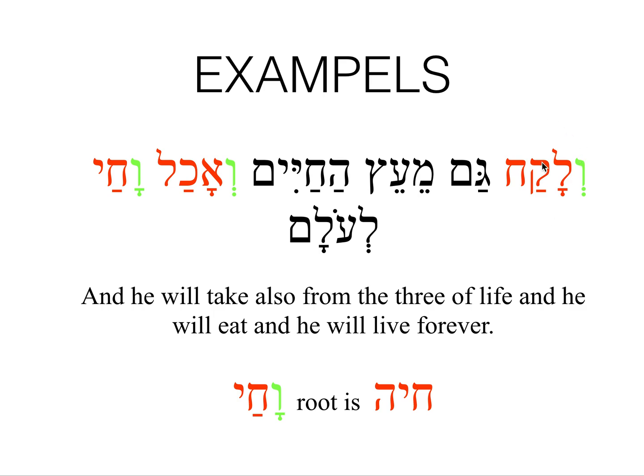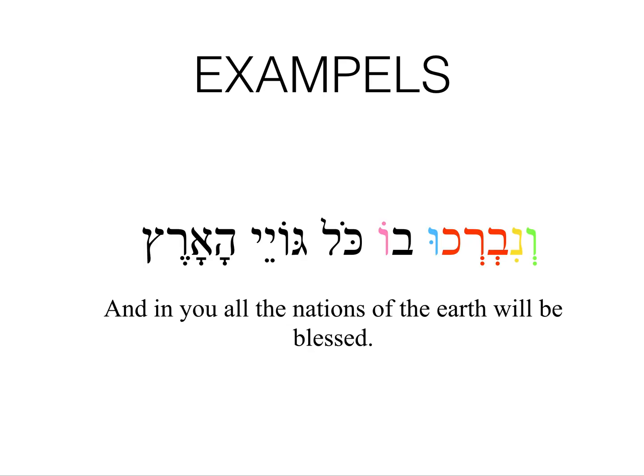And he will take also me'etz, from the tree, ha'chaim, of the living, so the tree of life, ve'achal, and he will eat, ve'chai le'olam, and he will live forever.